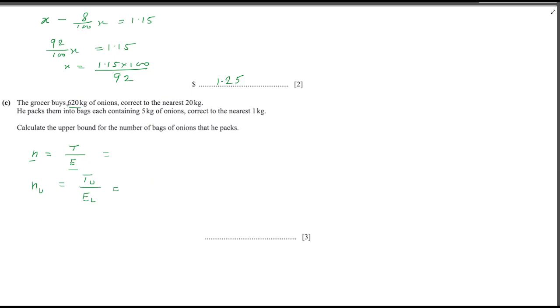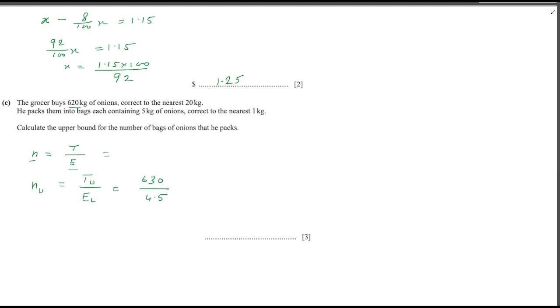Now T upper, so the total value is 620 kg. It is nearest to 20 kg, so half of it is 10. I will add that, so it becomes 630. And for lower bound, it is corrected to 1 kg, so I will subtract a half kg. So 5 minus half is what? 4.5.